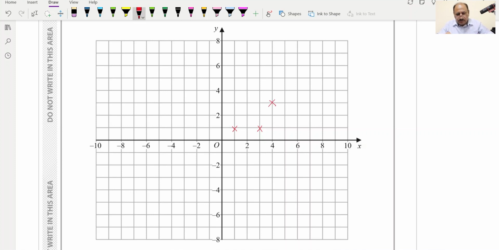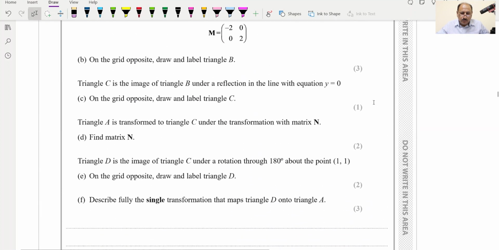Now we can draw the triangle, and by joining these points we can draw the triangle accurately over here, and we can write here A because it is required to label it as A.